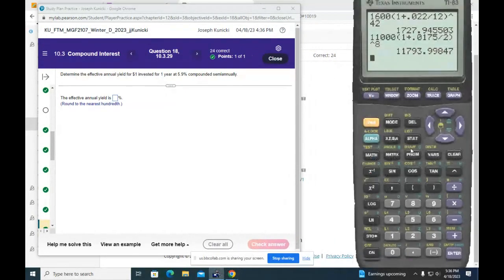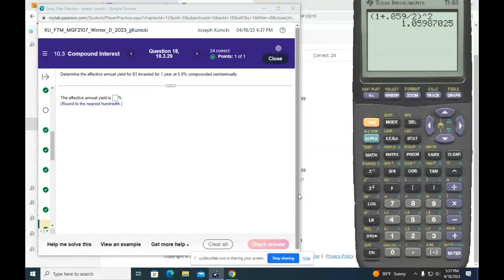So I use the same future value formula, only I put a 1 in front for P, so we don't really got to put anything there. So it's 1 plus R, which is 0.059, and it's compounded semi-annually, so caret 2.